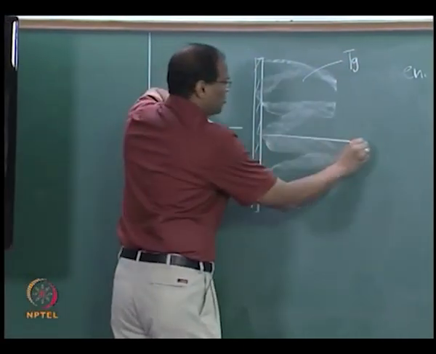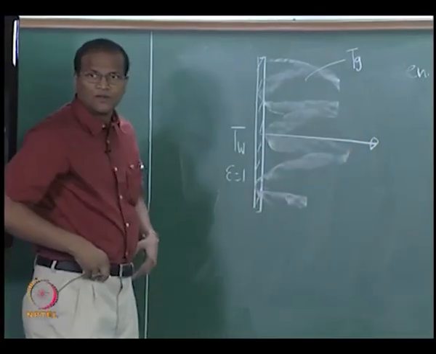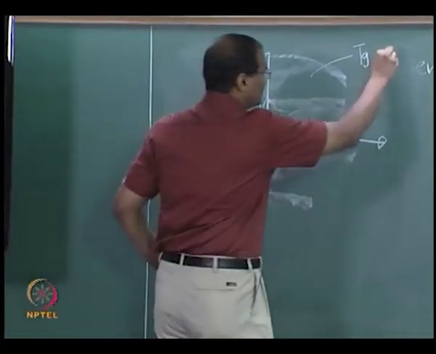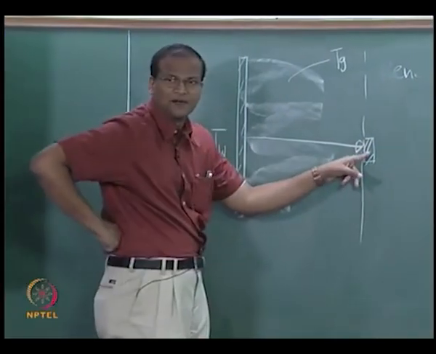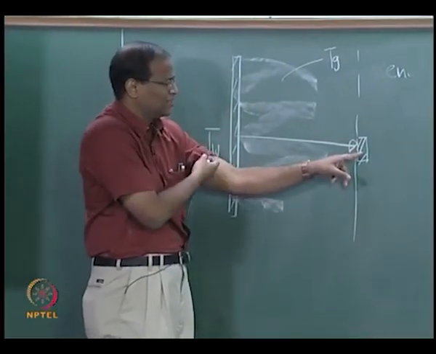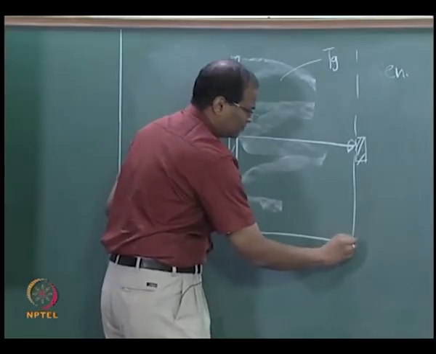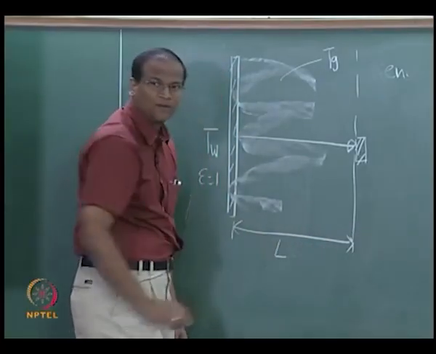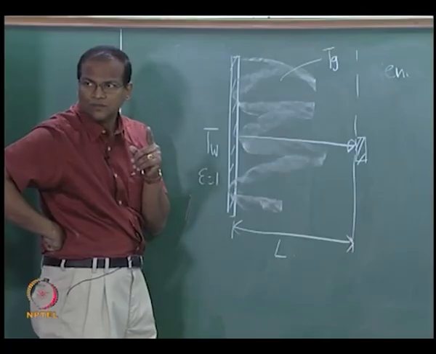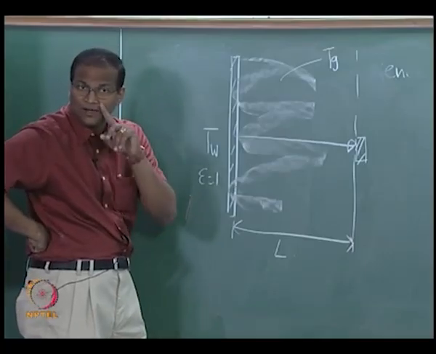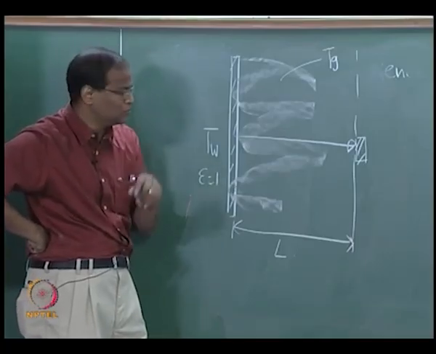This radiation is coming out of the wall, okay. So the radiation falling on, let us say, a receiver or receptor at a length L is made up of two contributions. What are these two contributions?